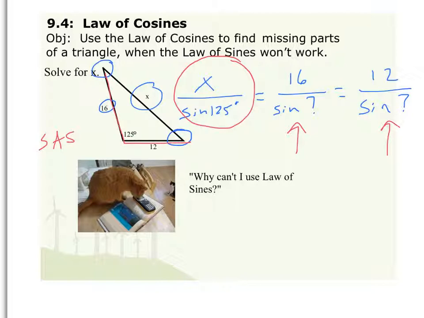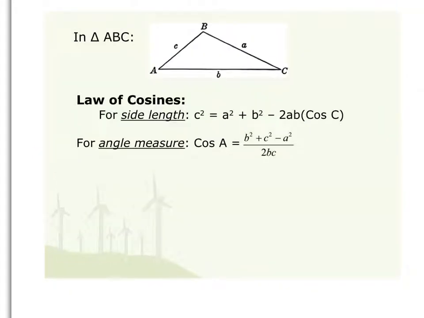For non-right triangles, the law of sines is typically our first choice because it's a little bit easier to use than the law of cosines. So we try that first, but we may find, like in this SAS case, that the way the equation is structured and the information that we have, it just doesn't work. Hence the need for the law of cosines.